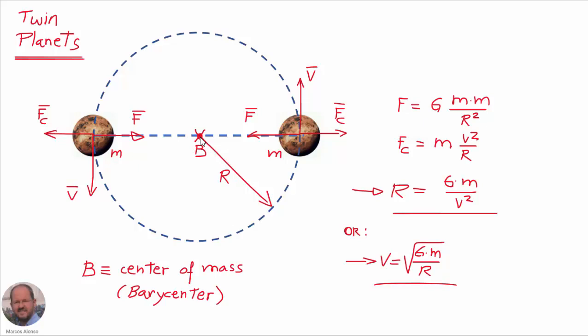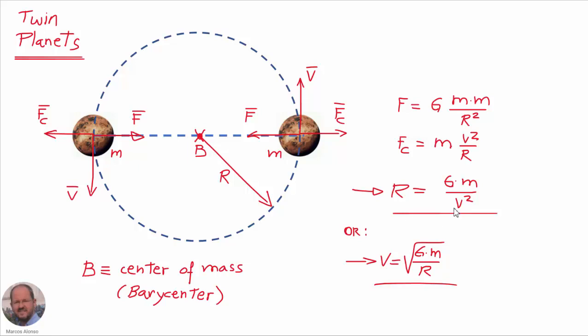So with this situation, the gravitational forces will be given by this expression here, and the centripetal forces, Fc, will be given also by this expression. So if we equate these two forces, then we have this radius for the orbits.